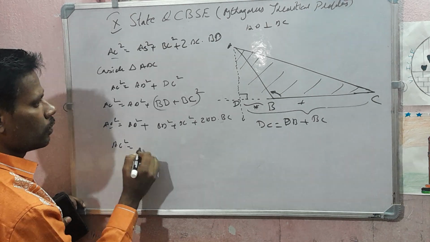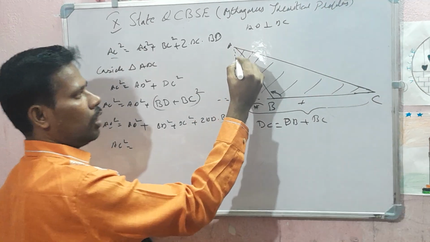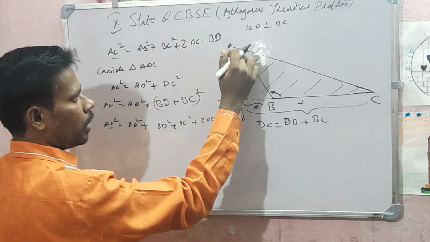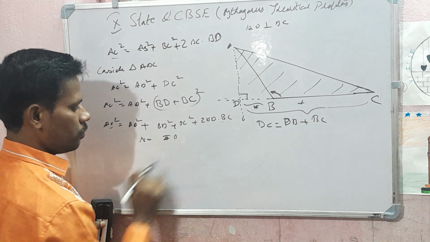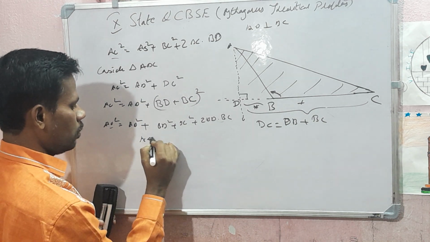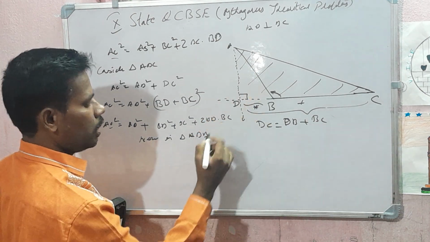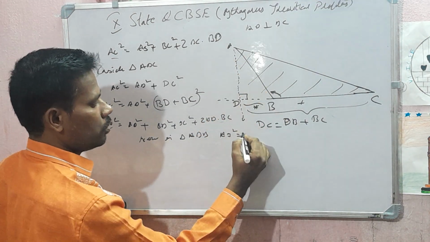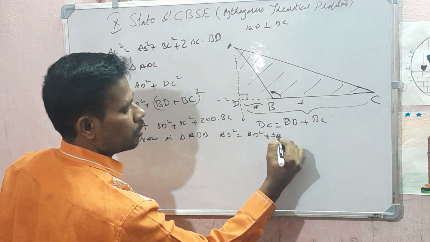Now in triangle ADB, AB square is equal to square on the hypotenuse, equal to the sum of squares on the other two sides, AD square plus BD square.